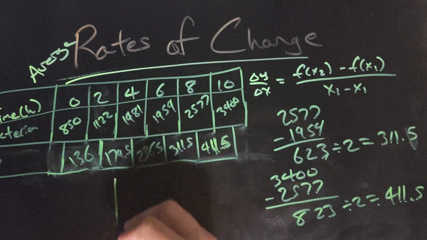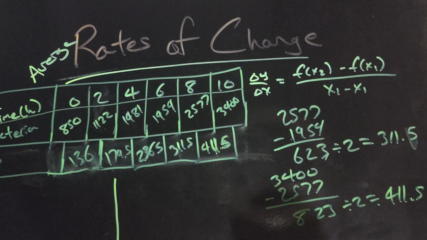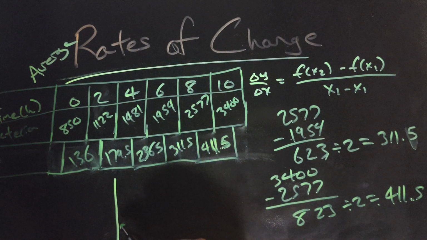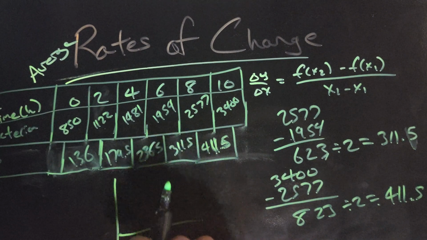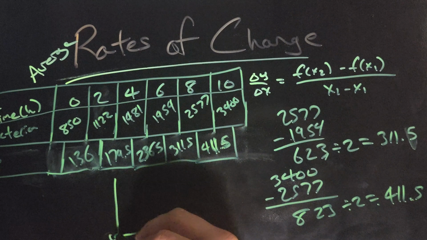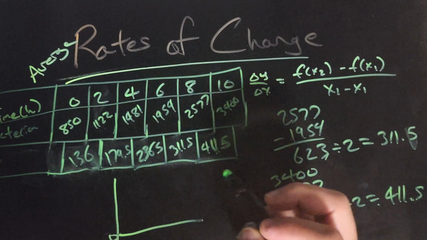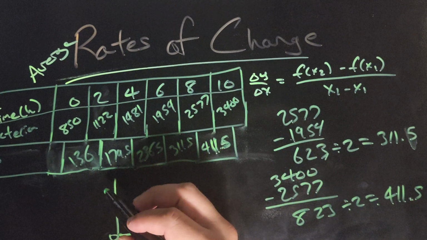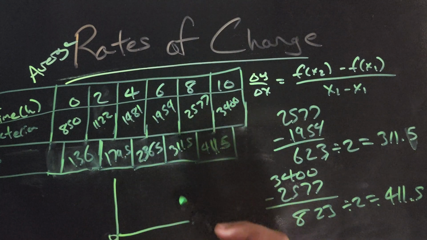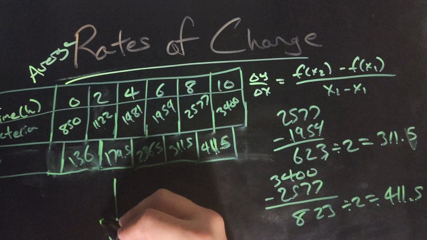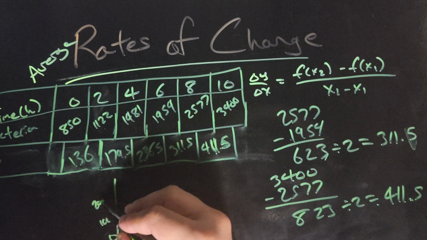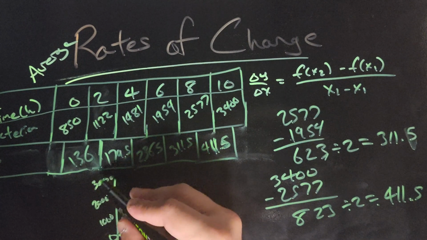So if you were to draw that out, say this is 0, then 1,000, 2,000, 3,000.